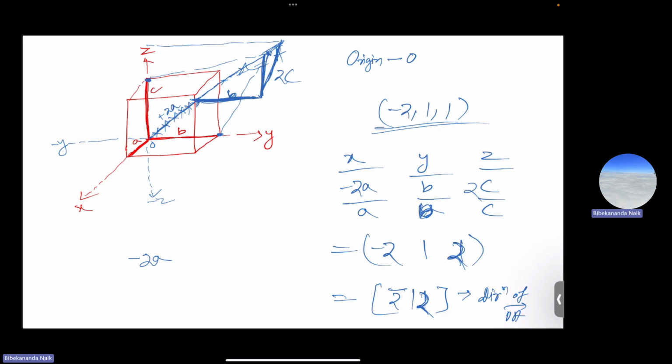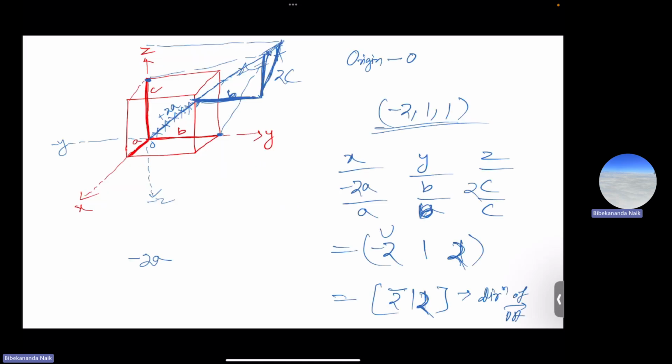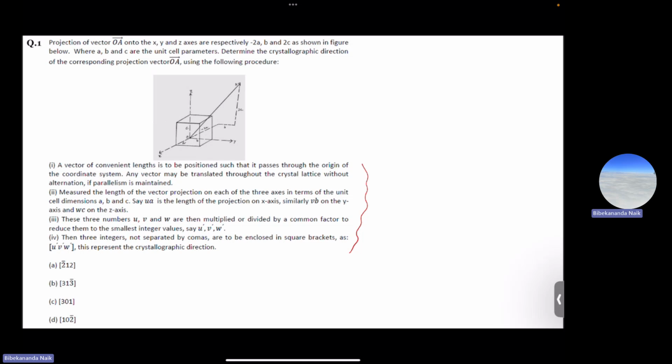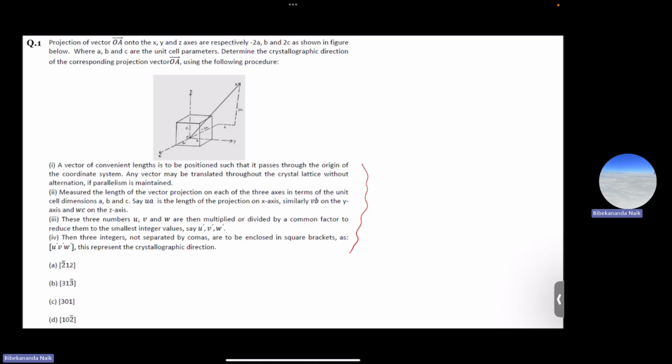The next step is to measure the length of the vector projection on each of these three axes in terms of the unit cell dimensions. So this is 2 times unit cell dimension A, 1 times unit cell dimension B, and 2 times unit cell dimension C. These three numbers are U, V, and W. They are multiplied or divided by a common factor to reduce them, but there are no common factors here, so the numbers stay as they are.